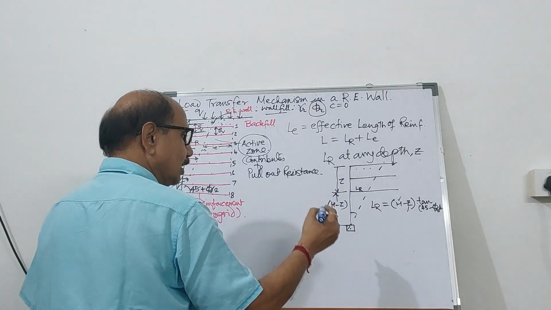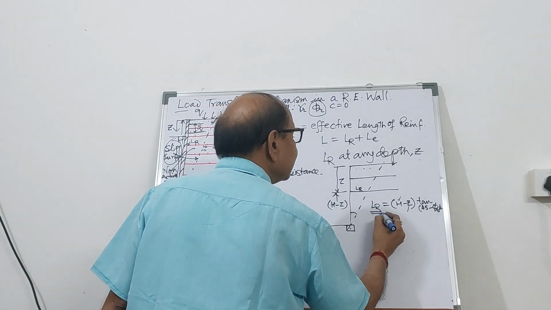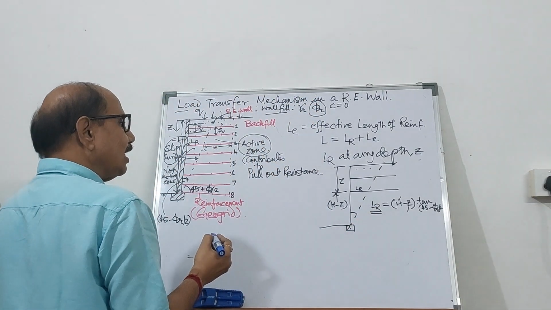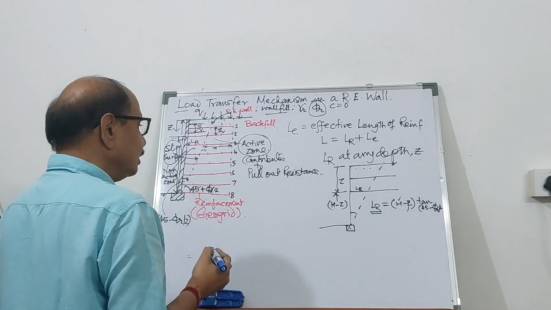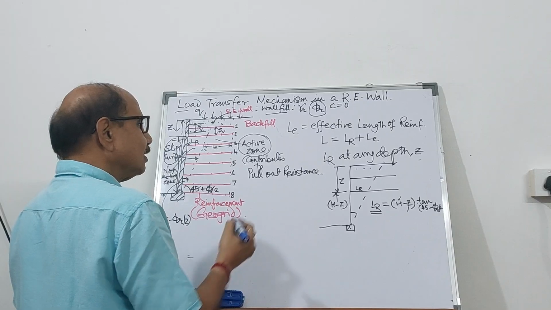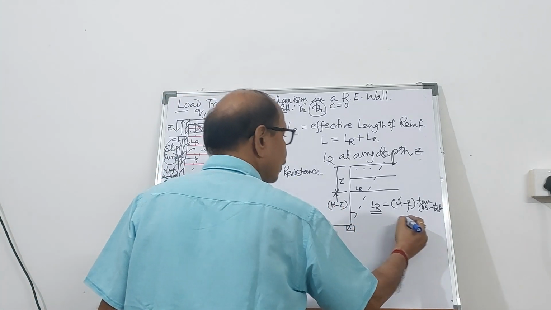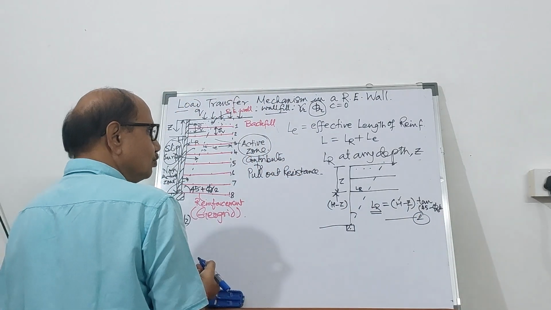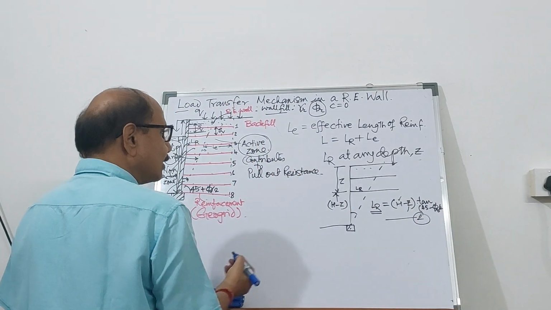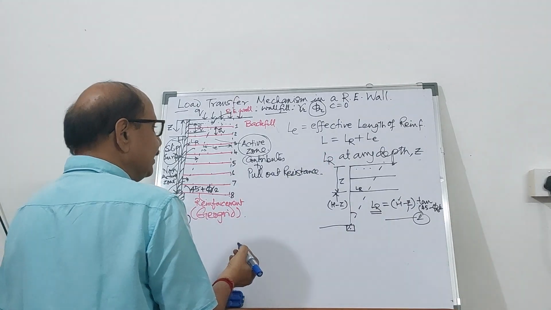Therefore the value of LR at any depth in the non-acting zone, the length of the reinforcement can be calculated from this expression. So this expression is quite useful. LE, LR. Now how will you calculate LE?